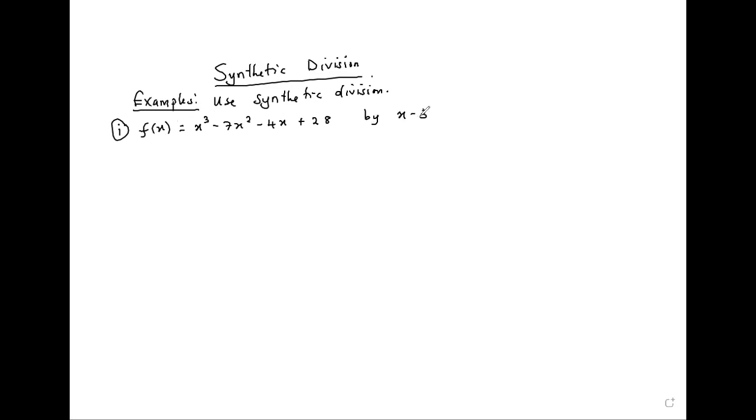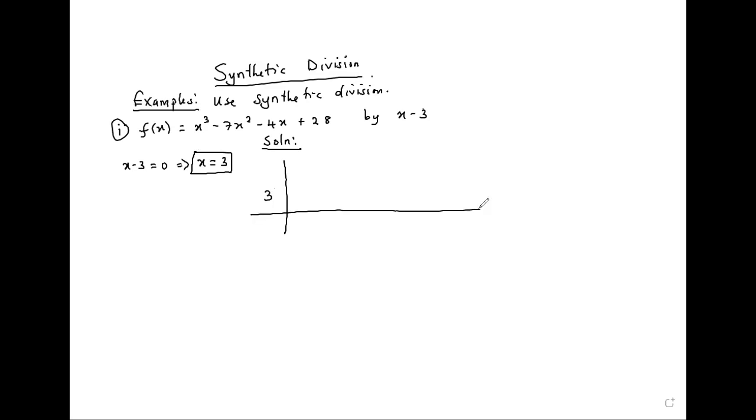Now, the beauty about synthetic division is that you go straight to the divisor, x minus 3, and you set it to 0. Next, you get x is equal to 3. This is the number that we need. We'll write it here, and then draw this line, then block it.